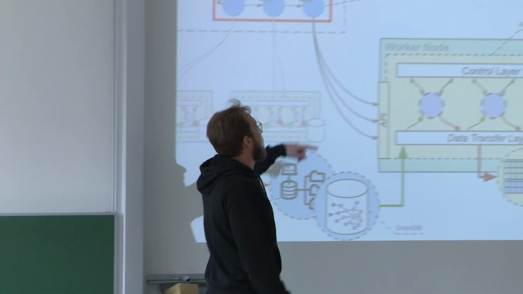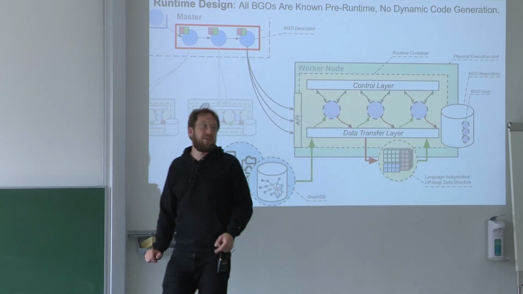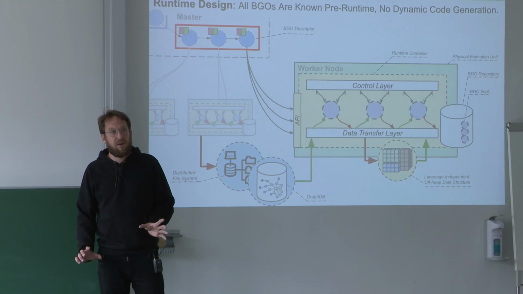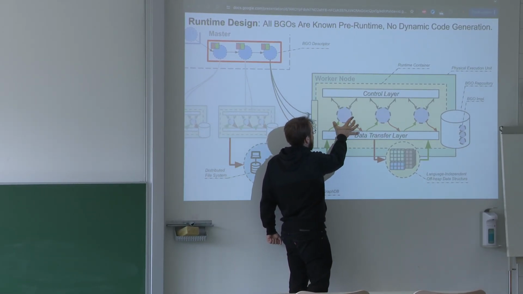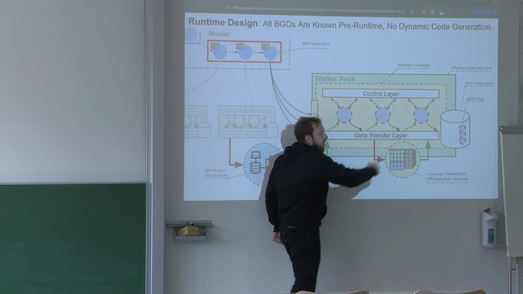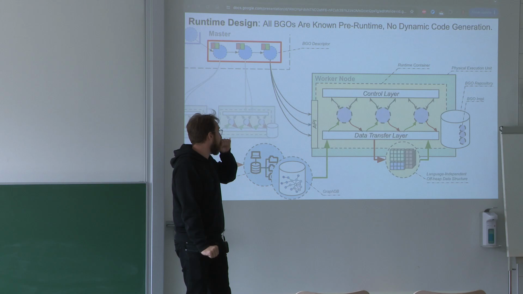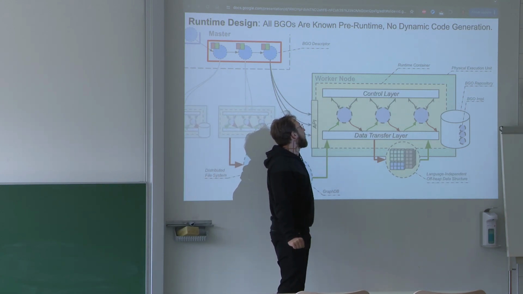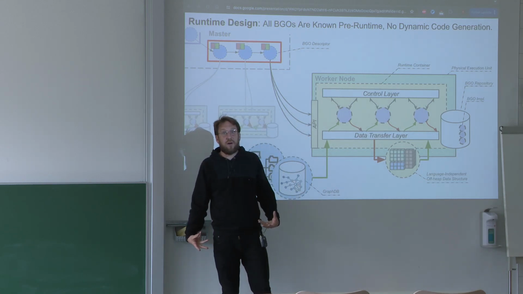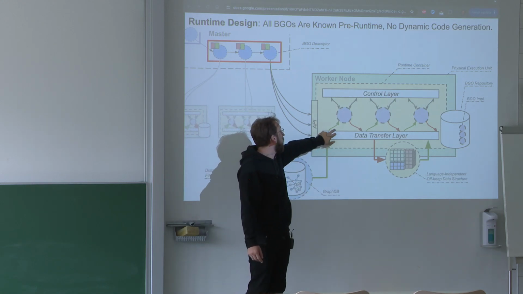GraphMa could be the component that controls the execution of BGOs on an individual device, right? And this is also not very clear in Graph Massivizer. Do we always deploy one extra container, or do we deploy sequences of BGOs on a machine? And I would say a sequence makes sense. But this layer here could be GraphMa, right? So it depends on how smart we would like to make our runtime component.